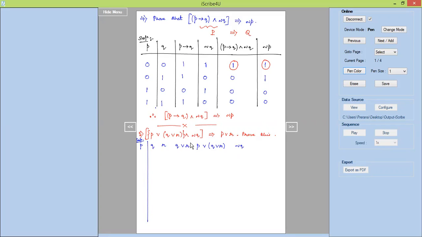P, then Q, then R, then Q or R, then P or Q or R, then negation Q.